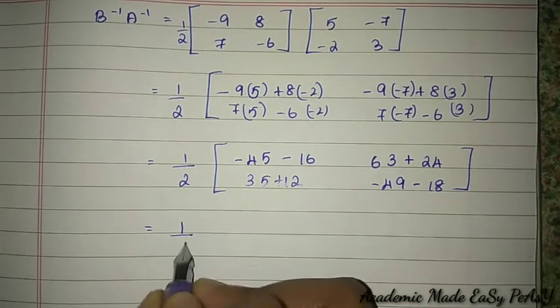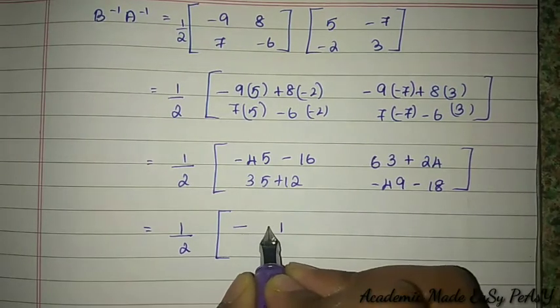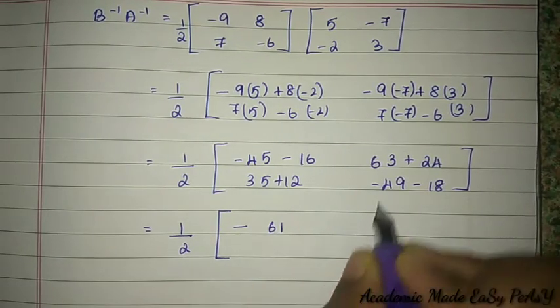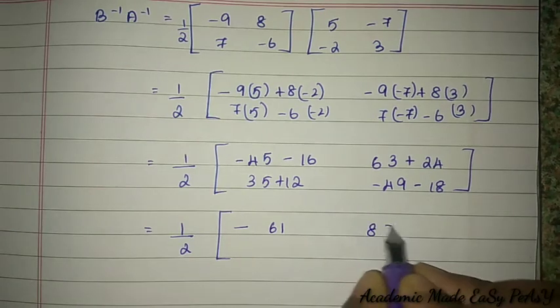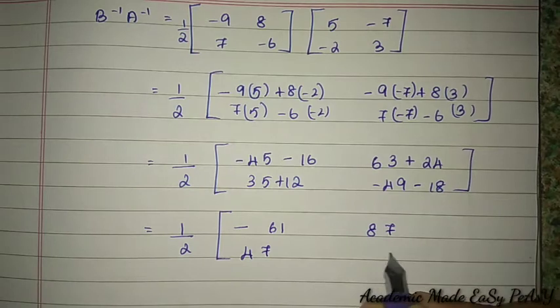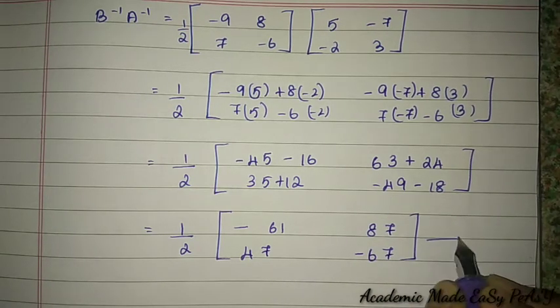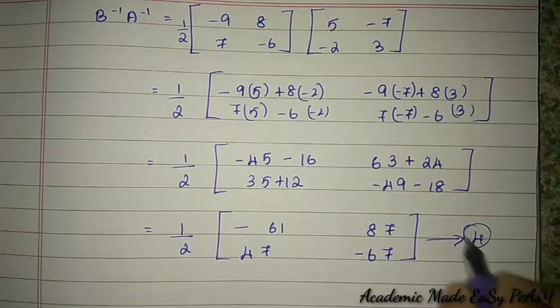So half of minus 61, and here it is 87, 47, and here it is minus 67. So let this be equation 4.